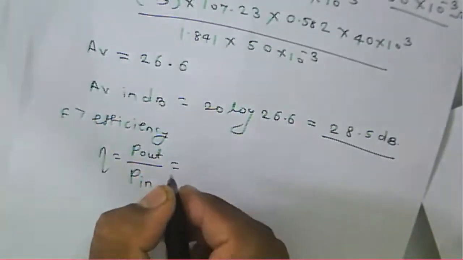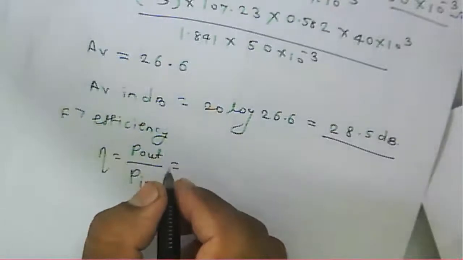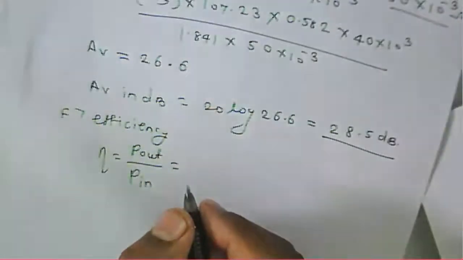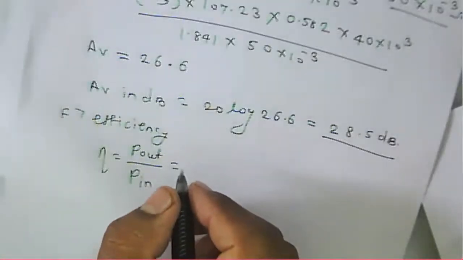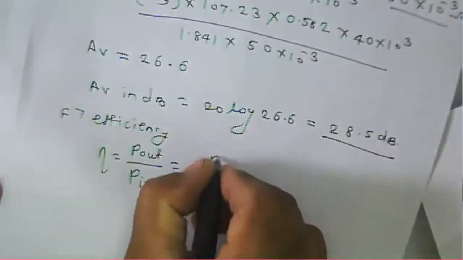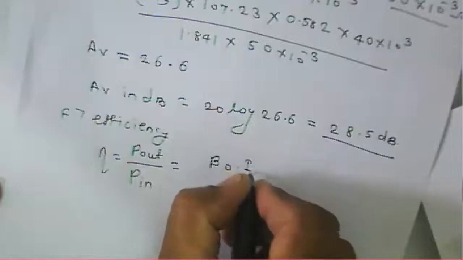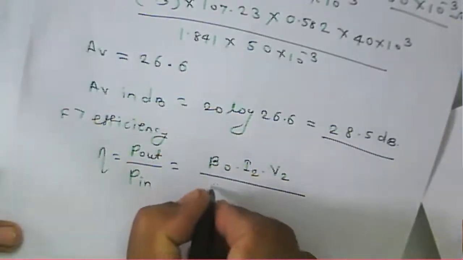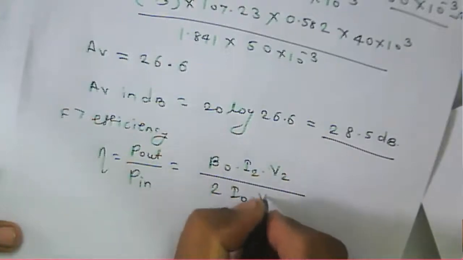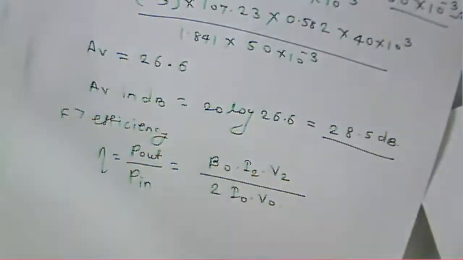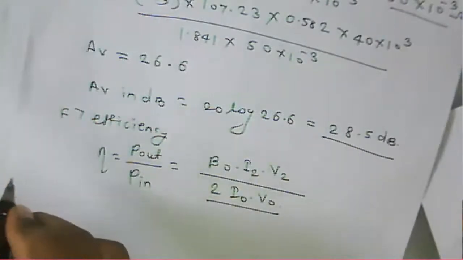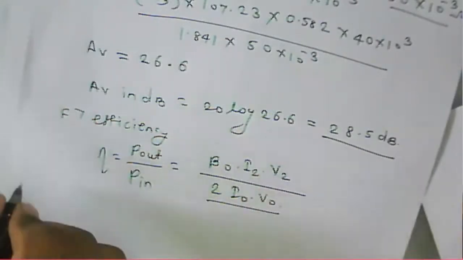If you solve it, the input power and output power are given by beta O for the output cavity, and beta I for the input. So that is about your output, and this is about your input.